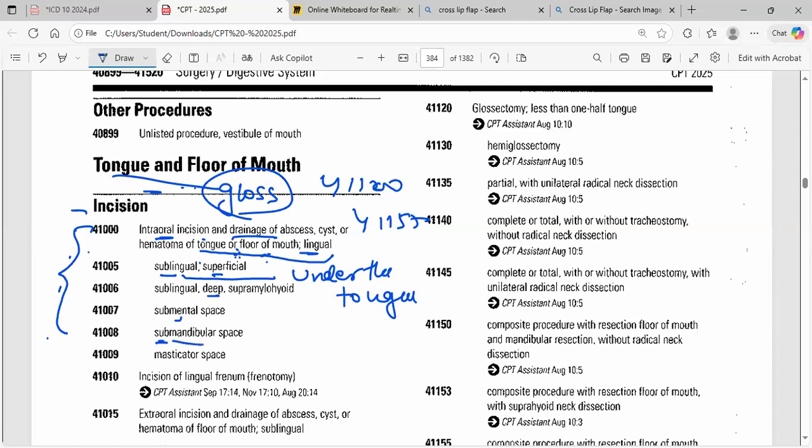Sub means under, so under the mandible. And the masticator space is between the floor of the mouth and the hyoid bone. So the space between the floor of mouth and hyoid bone.